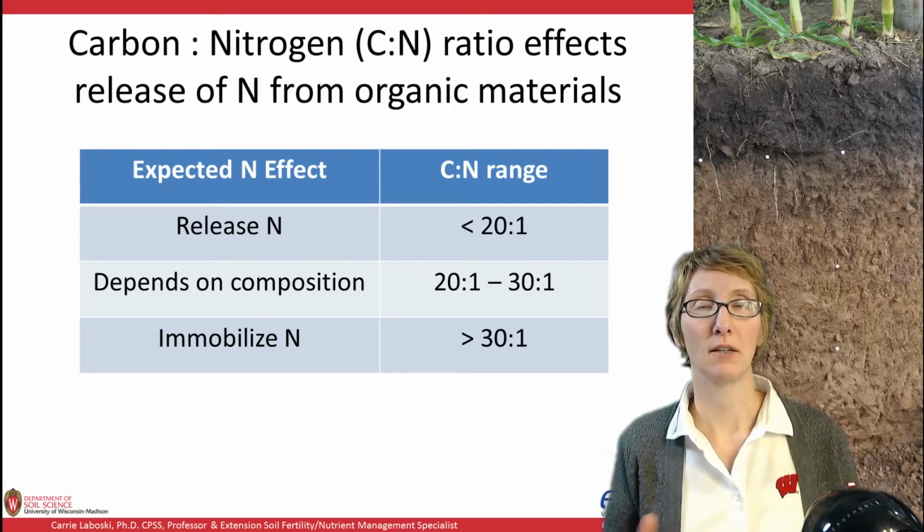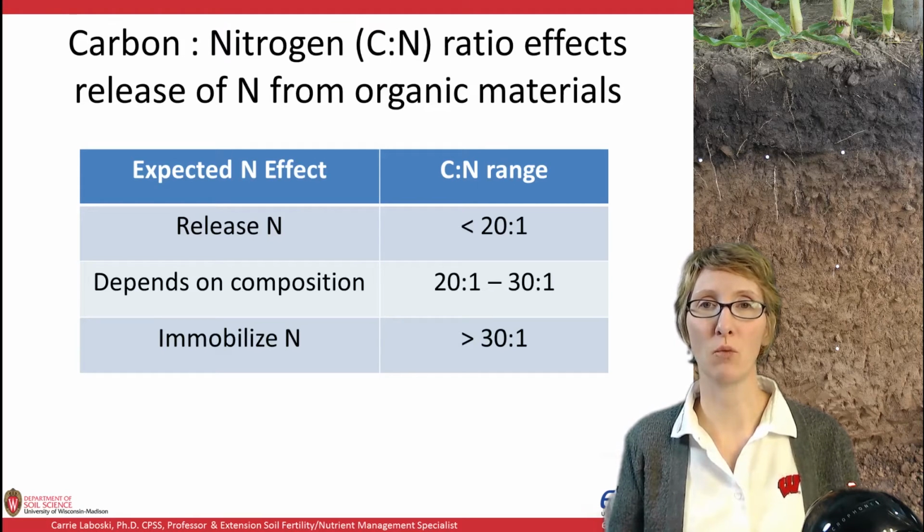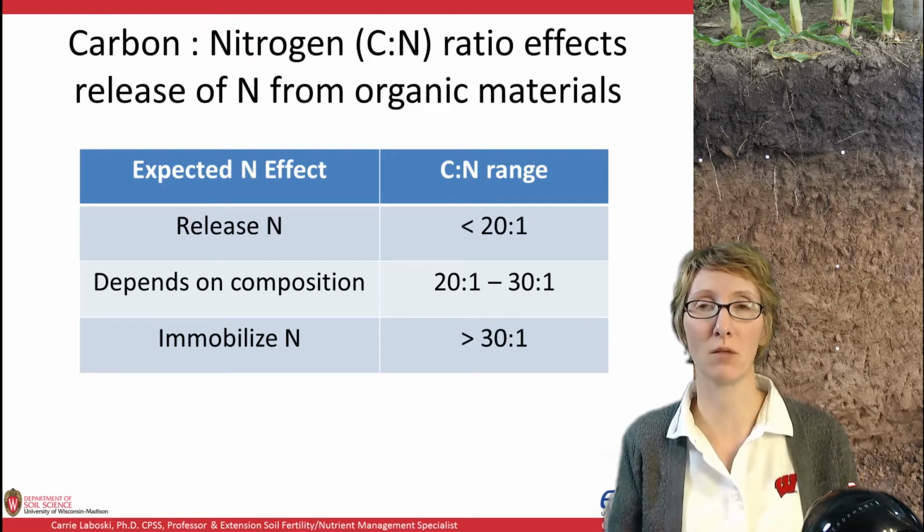Meaning that, for example, sawdust has a high C to N ratio. You put that in the soil, and as the bacteria are focusing on breaking down that organic material, they need nitrogen to do that, so they will outcompete a plant for that nitrogen that's in the soil. So it will immobilize, or make unavailable for a plant, that nitrogen.